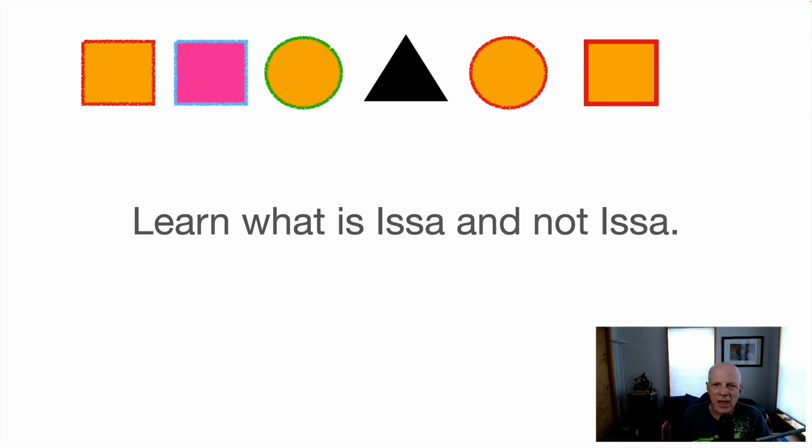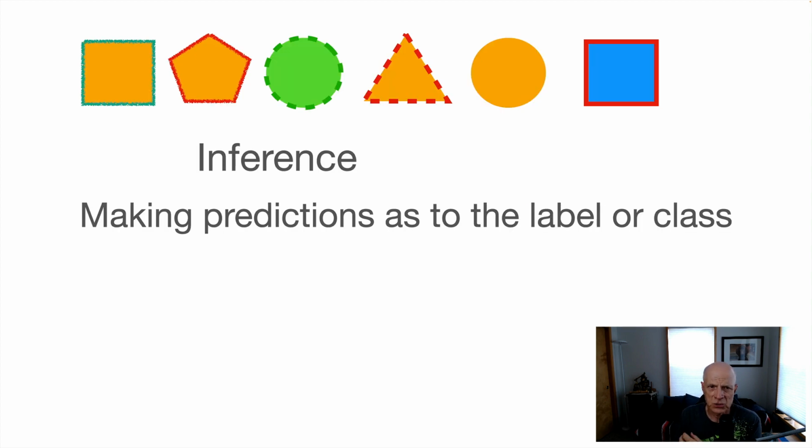And once we complete that phase of training, now we can use that training in order to do inference. That's the second phase of this, where we can make predictions as to the label or class of an object. So we can make a decision: is that first one that we see there an ISA or not an ISA? And I think you'd say, well, that's not an ISA.